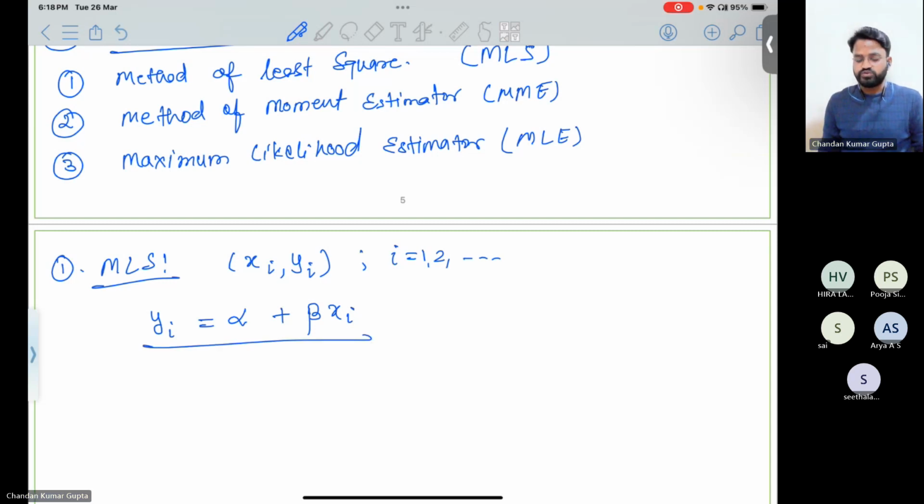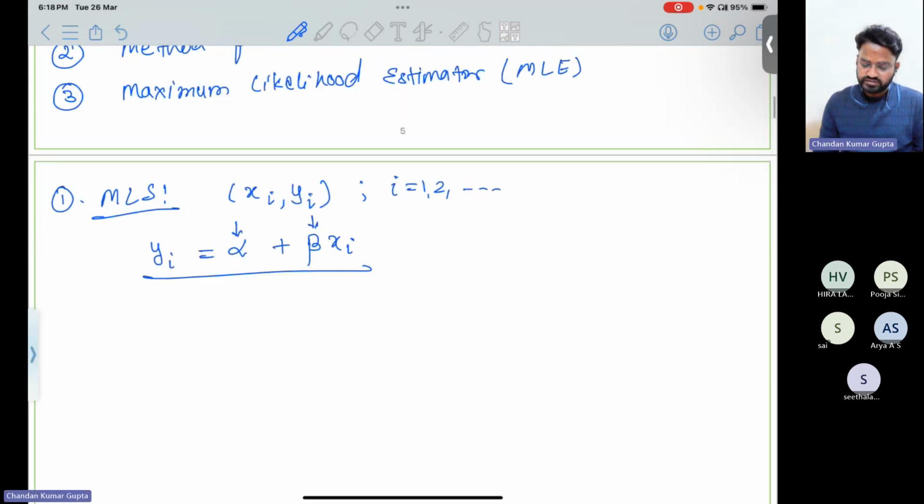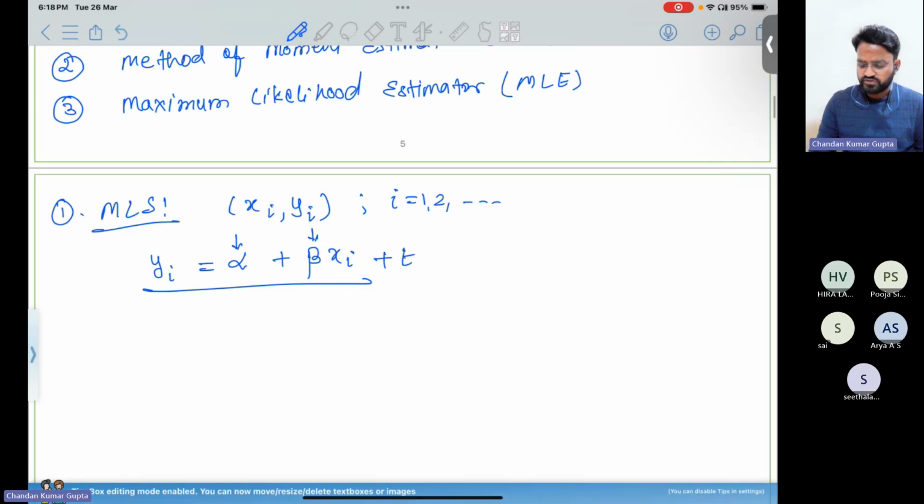So in least square estimate, our aim is to evaluate these alpha and beta. These are the parameters. We are given data, and with the help of those data we calculate these values so that we can evaluate yi's on the basis of xi. An error term is also there.